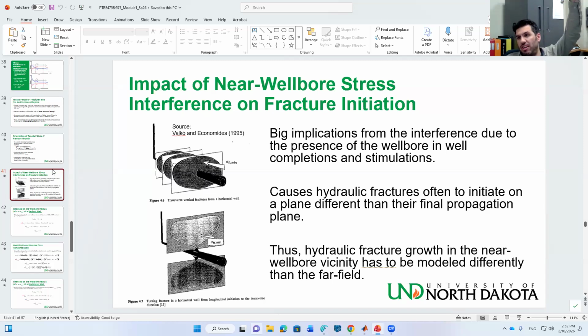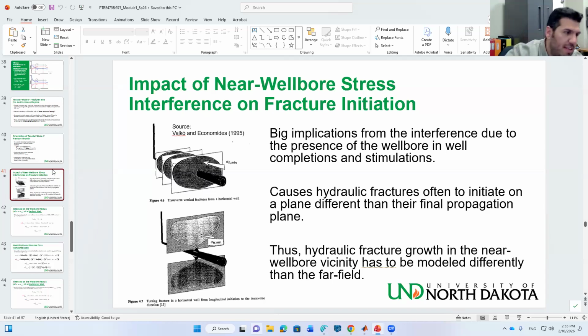But when you go to fracture near the wellbore, what you are facing is a different set of stresses that depend on SV, SH max, SH min, but also on other things like Poisson's ratio, wellbore pressure, etc. So the fracture may not initiate the way you expected, and then it will have to twist to get to the way dictated by the far field stresses.